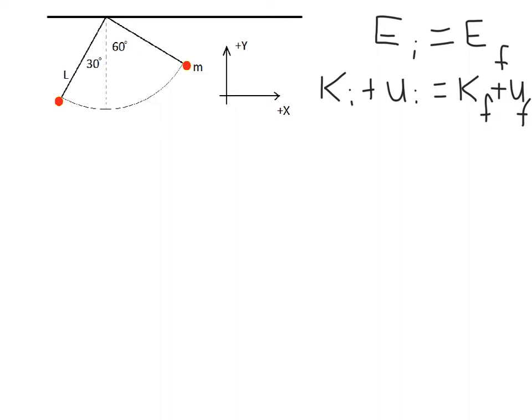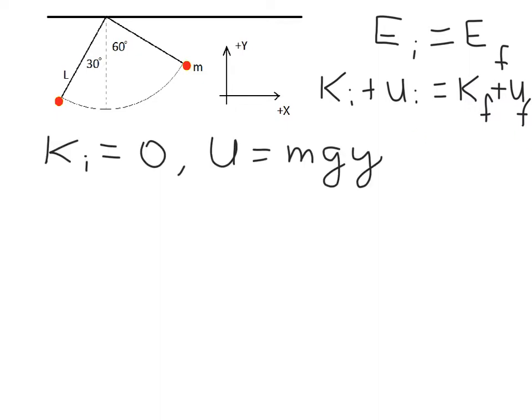Now we know that the initial kinetic energy is 0 because it starts from rest, and we know that the type of potential energy is gravitational potential energy. The form of the gravitational potential energy is mgy. So we need to know the y coordinate here and the y coordinate here.